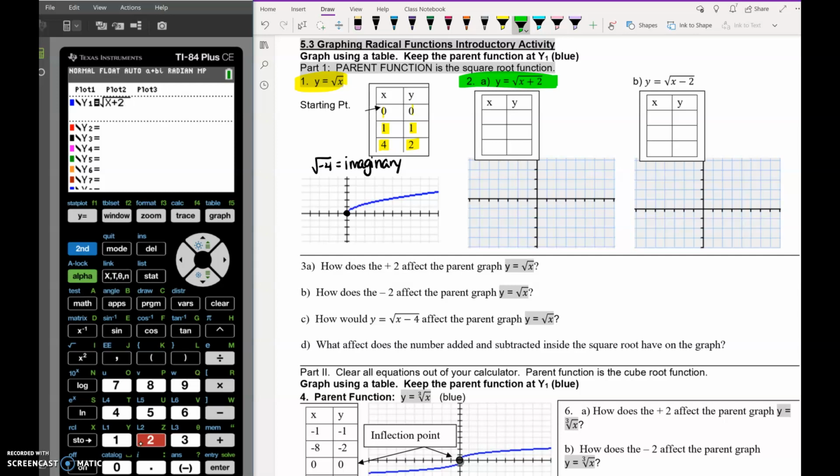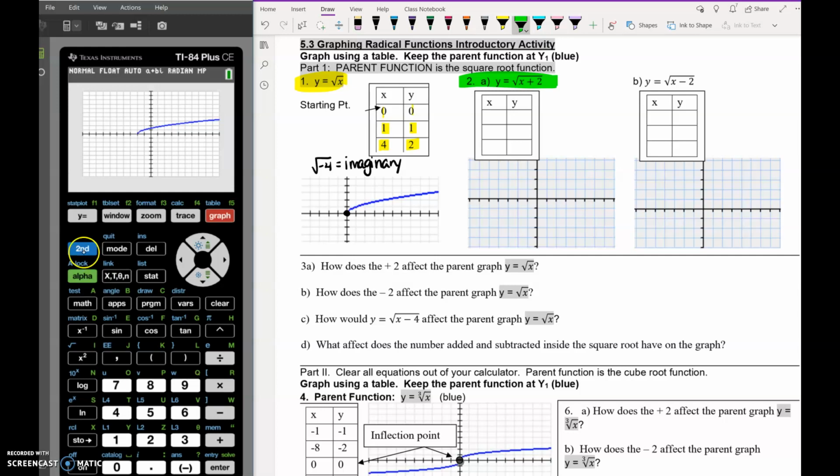Anyone have a guess what is going to happen with the graph when we add 2 with the x? Shift right, left, up, down, something. It's going to shift. That's a good guess. And if we look at the graph, it actually shifts to the left.